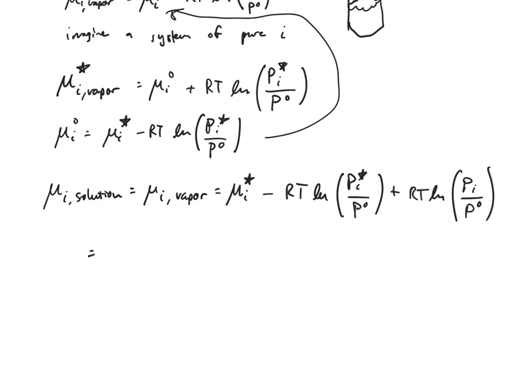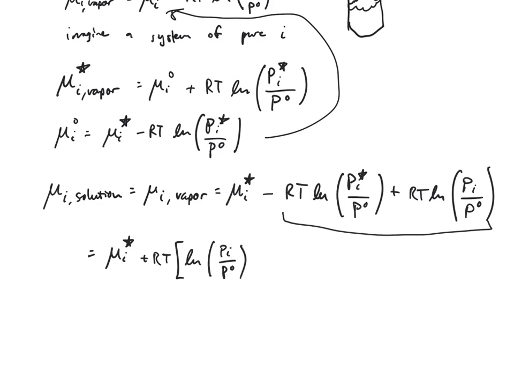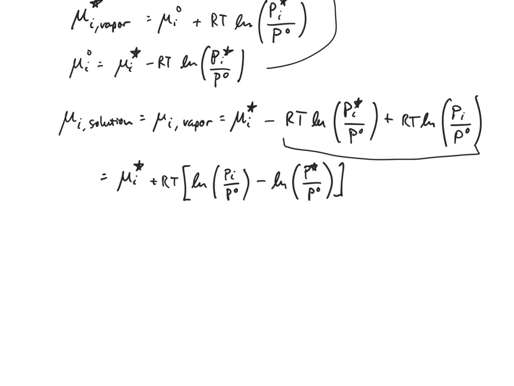And then we can just pull out an RT for these two expressions here, and we get mu I star plus RT times log Pi over P naught minus log P star over P naught. And we can just use the rules of logland to combine those two logs.